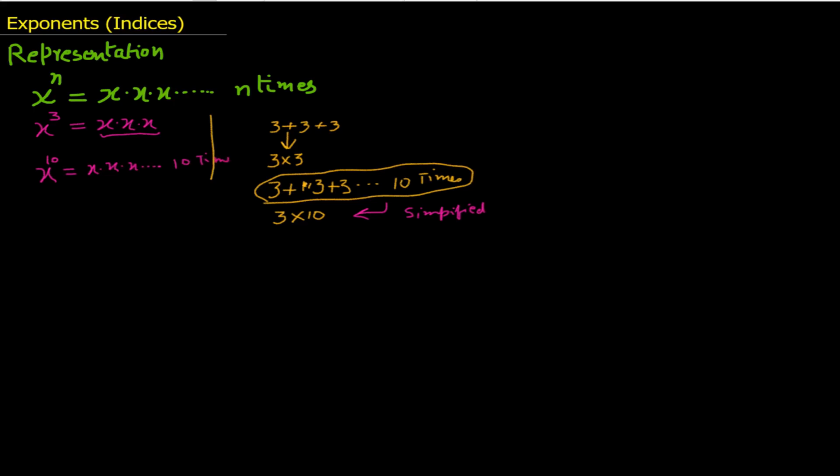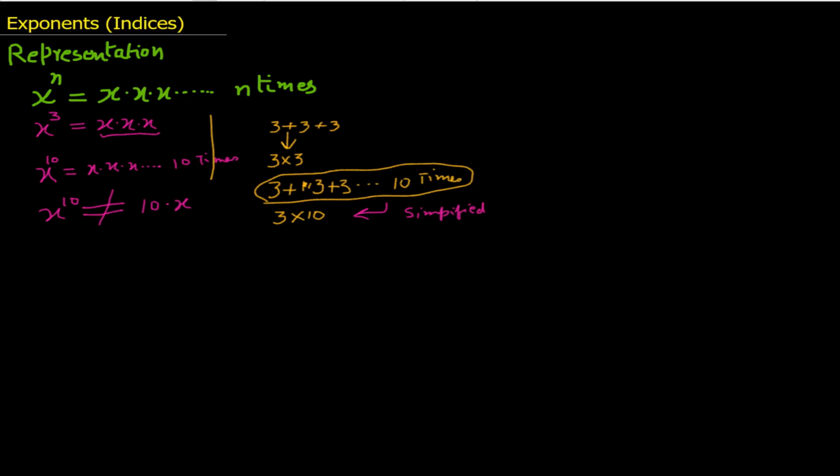Now, I am putting all this together, addition, multiplication, and exponent, so that you can see the difference. x raised to the power 10 does not mean that 10 is multiplied by x. No. It means that we have to multiply x with itself 10 times.